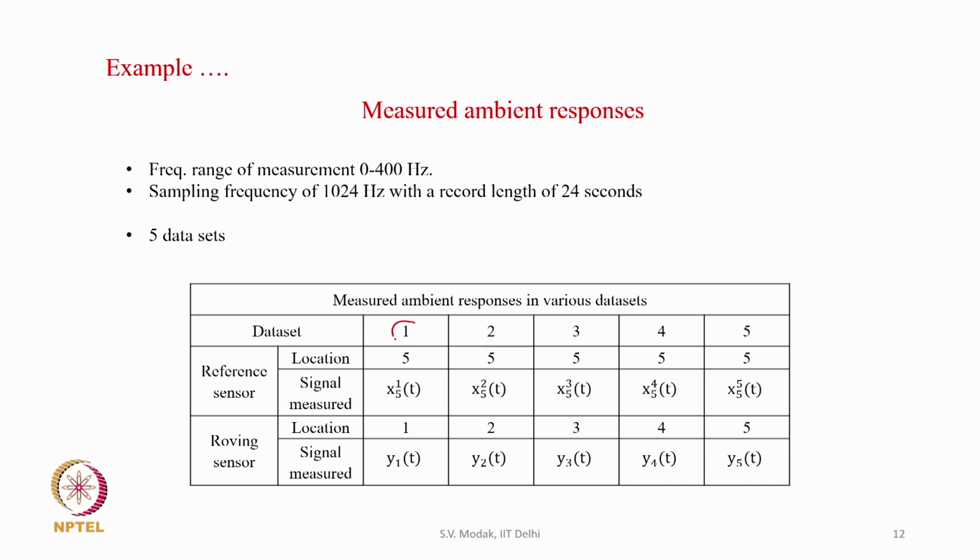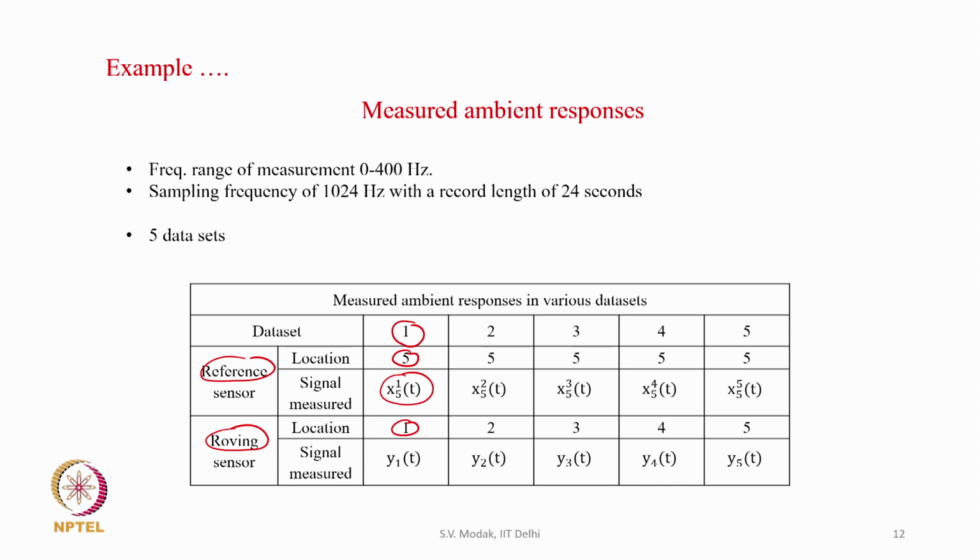This is data set 1, and it consists of a reference measurement at location 5 and a roving sensor measurement at location 1. The reference signal that is measured is designated as X5^1(t). The subscript shows the location of the reference sensor and the superscript shows the data set number.